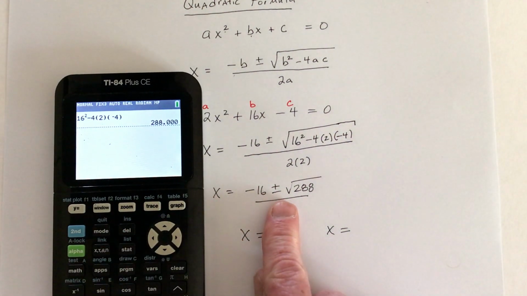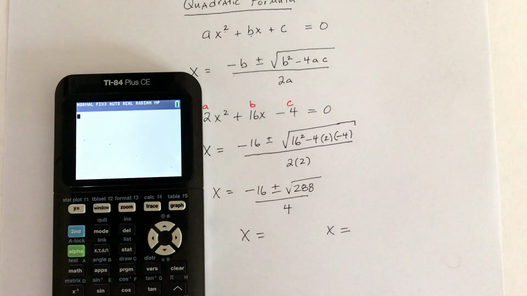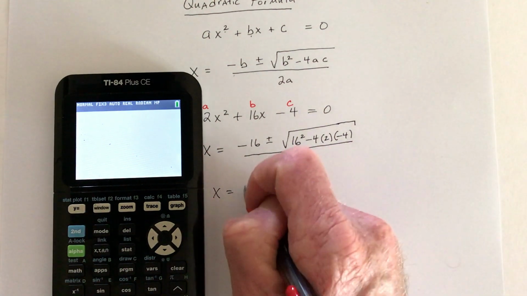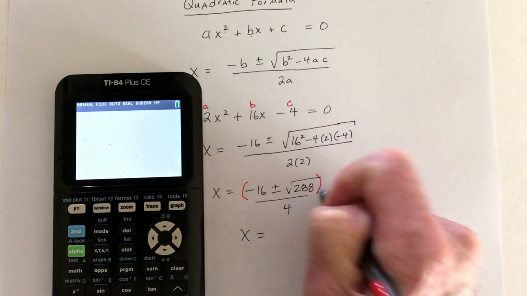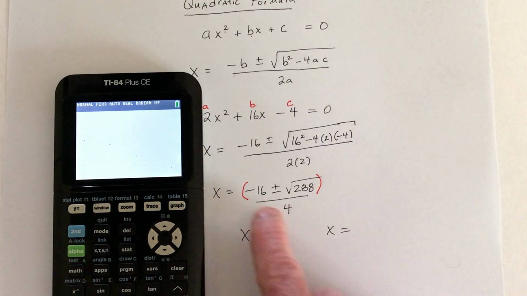So I would type the whole thing in the calculator. Don't do it in pieces, type the whole thing in the calculator. The calculator needs to know this is the numerator, so put parentheses around it. You don't have to put parentheses on the bottom when it's only one number, but when it's more than one number, you should use parentheses.